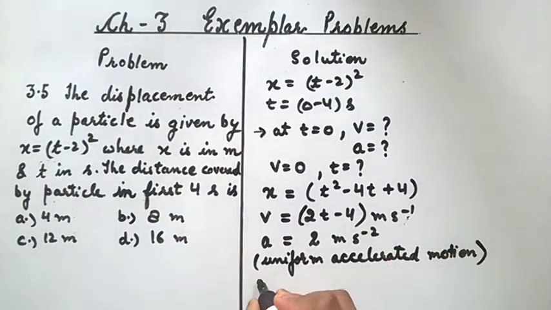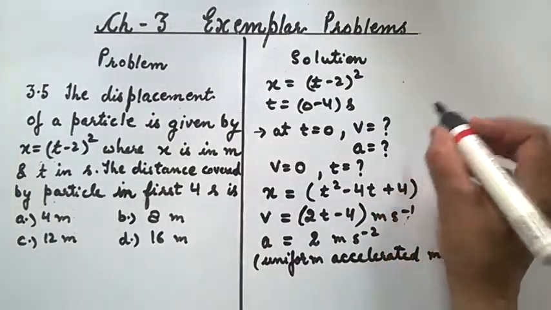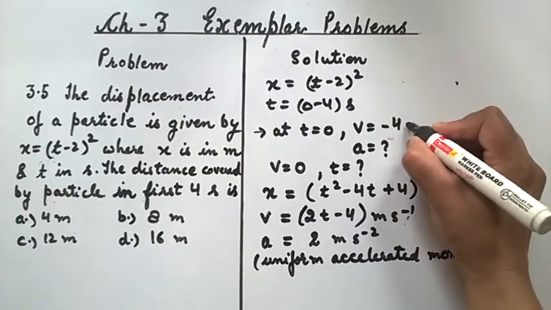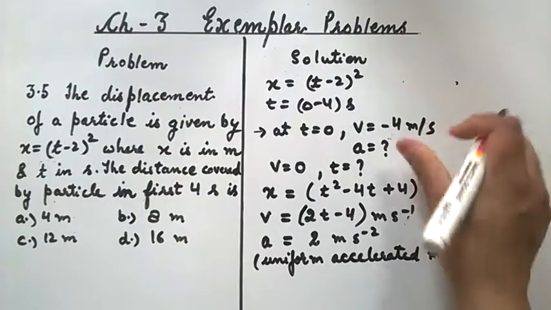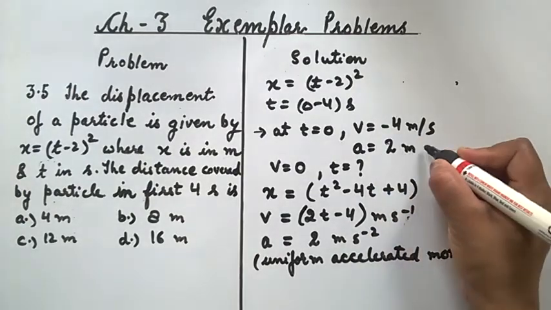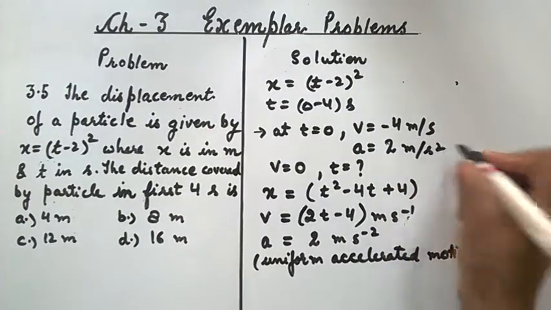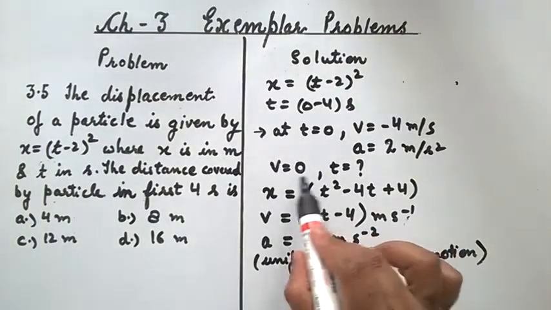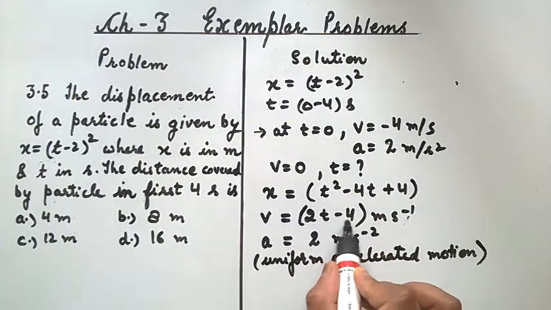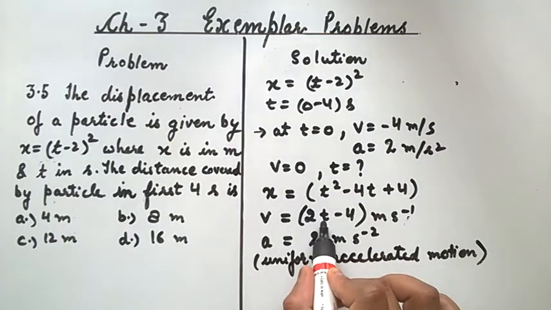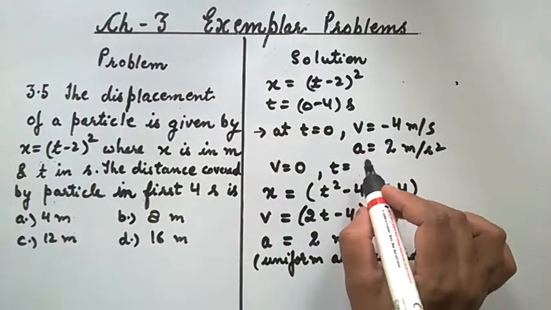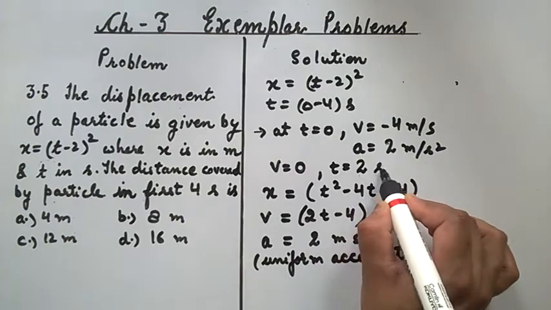And the acceleration we calculated is 2 meter per second squared. When velocity is equal to 0, 2t equals 4, therefore t is equal to 2 seconds.